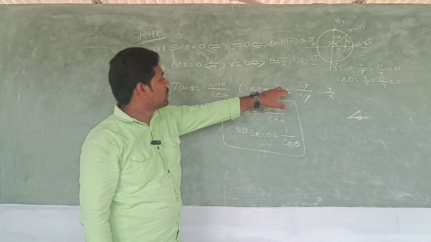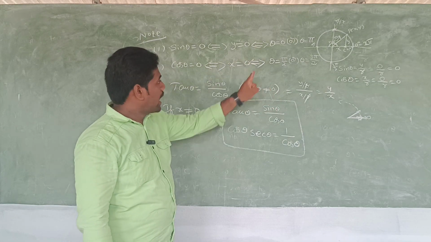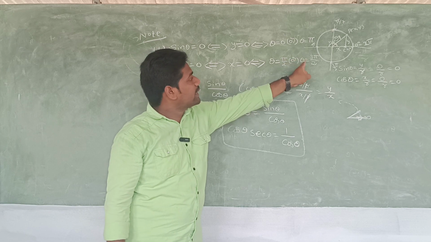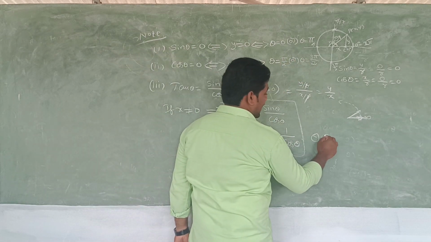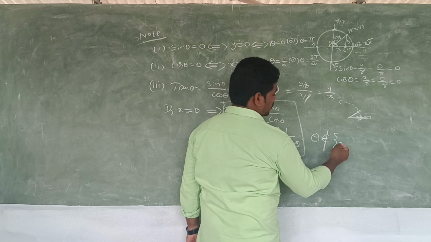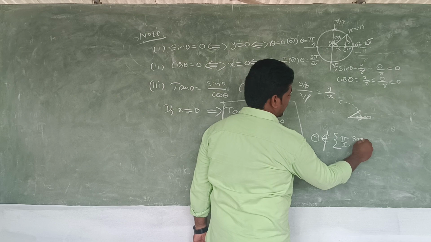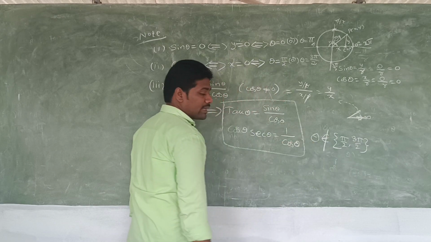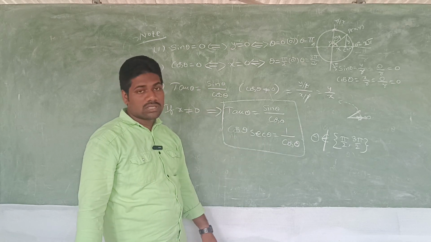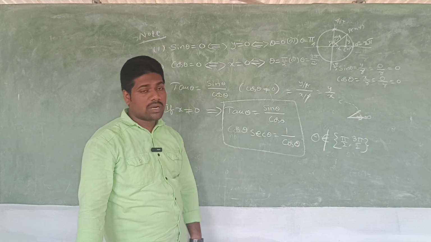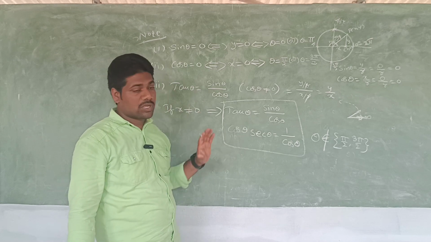Cos theta not equal to 0 means x is not equal to 0, and theta is not equal to π/2 and theta is not equal to 3π/2. So theta does not belong to {π/2, 3π/2}. In these two cases it is possible.